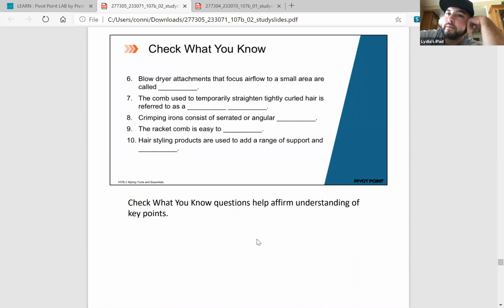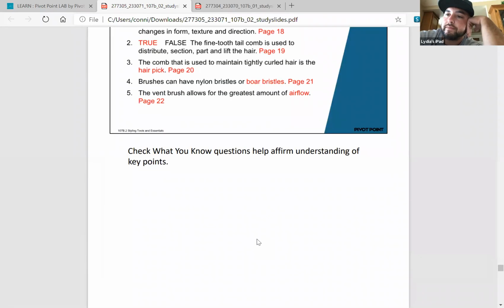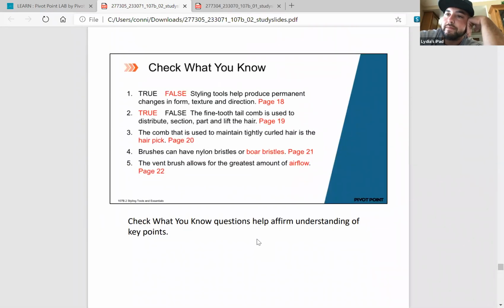Easy to use. I was thinking separate. Hair styling products are used to add range of support and texture. I was thinking volume, but we'll see.